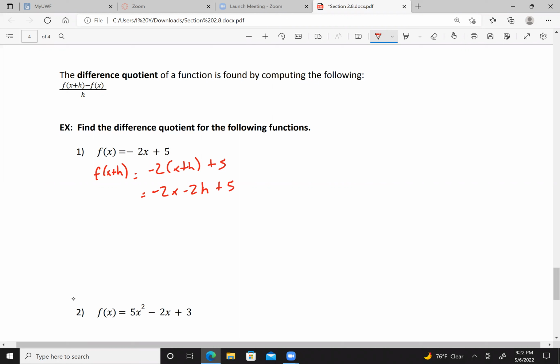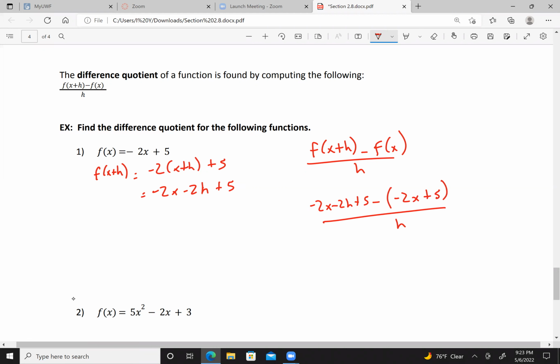So we have f of x plus h minus f of x over h. Well, I have negative 2x minus 2h plus 5 minus negative 2x plus 5 over h.